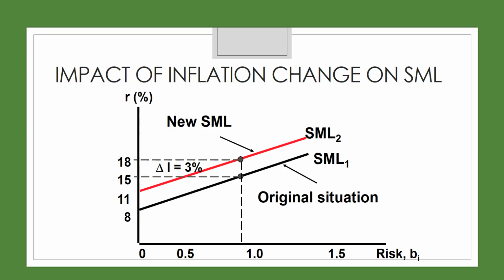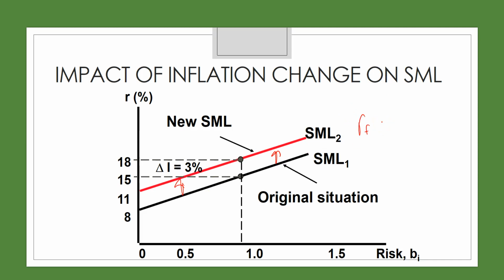Let's see what happens if we have inflation. If we have inflation, it causes our security market line to increase. So it's going to cause a shift in the security market line. It's going to cause the entire line to move up. And that's because the risk-free rate has changed.